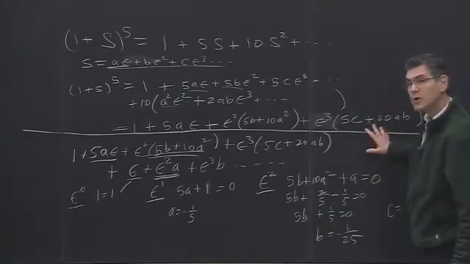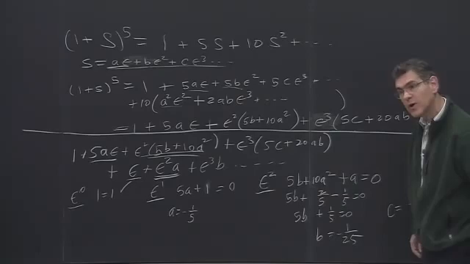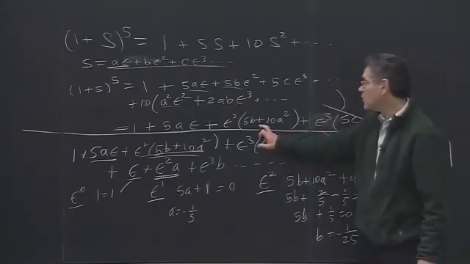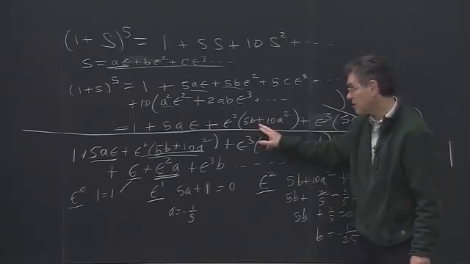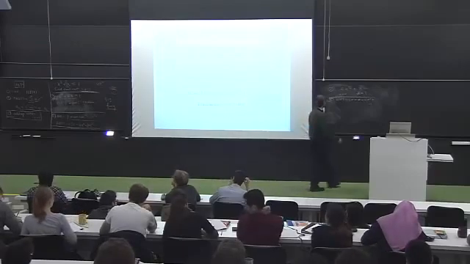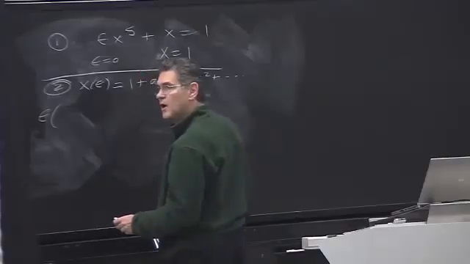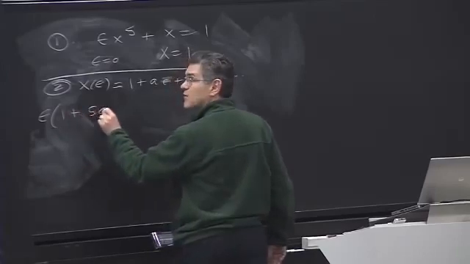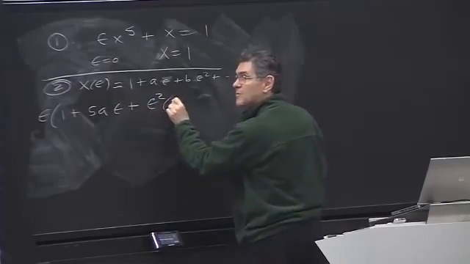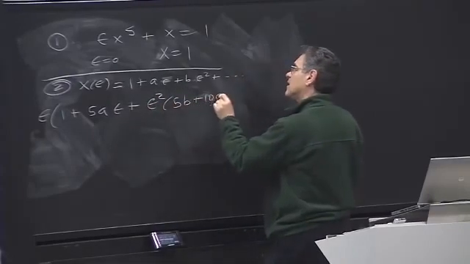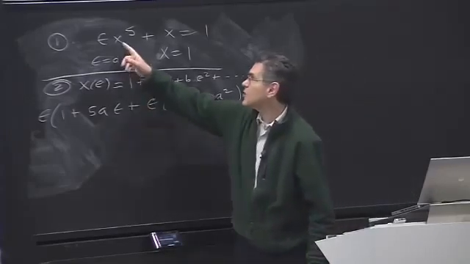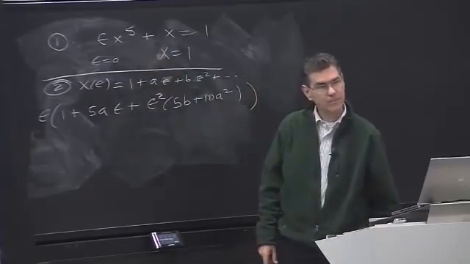So if we're going to work to, say, order epsilon squared, we don't need so many terms. Let's see, we don't need this term because all this is going to be multiplied by epsilon, right? So when we do perturbation theory, we have epsilon times 1 plus 5a epsilon plus epsilon squared times 5b plus 10a squared. Okay, there's the epsilon times x to the 5 term.